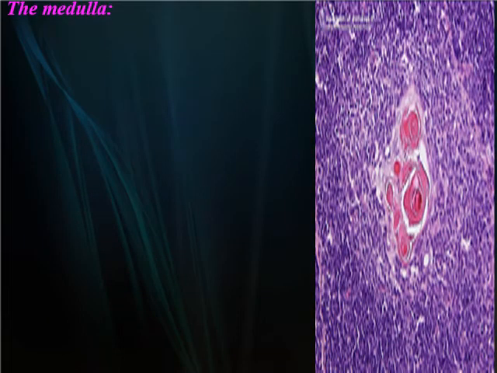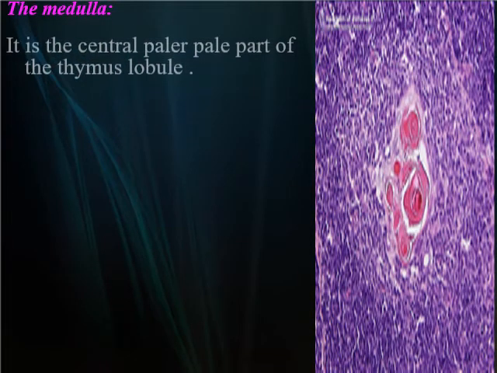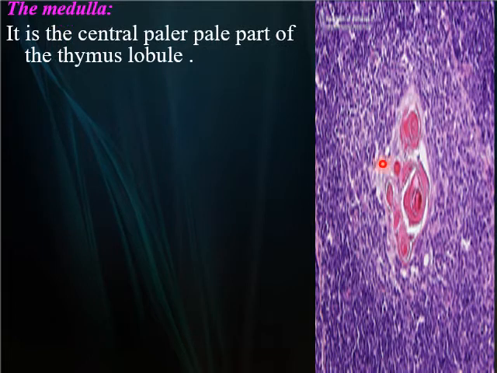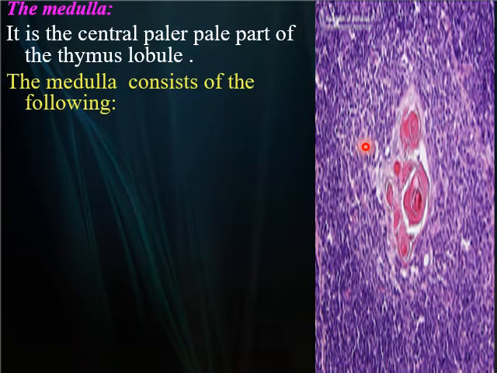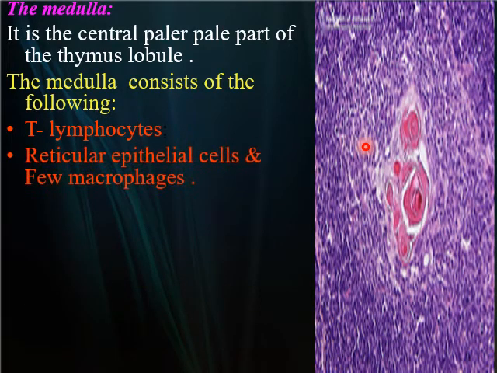The medulla of the lobule has a pale color, paler than the cortex. It consists of T lymphocytes, reticular epithelial cells, and a few macrophages.